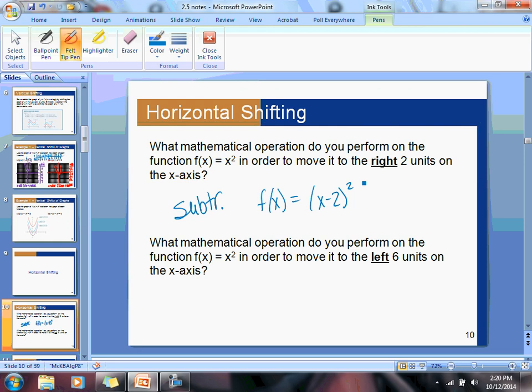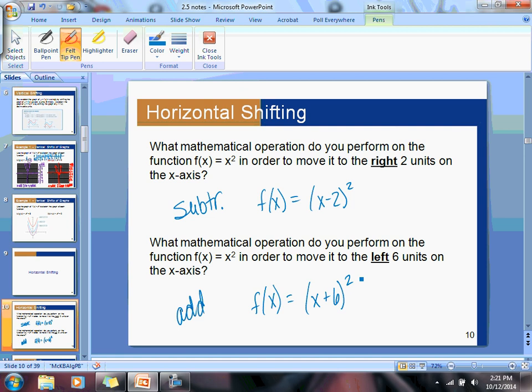And then to move the graph to the left 6 units, you'd think if I'm moving it to the left, I'd have to subtract, but actually you add. And again, we're adding onto that x value. So I have to add inside my parentheses.